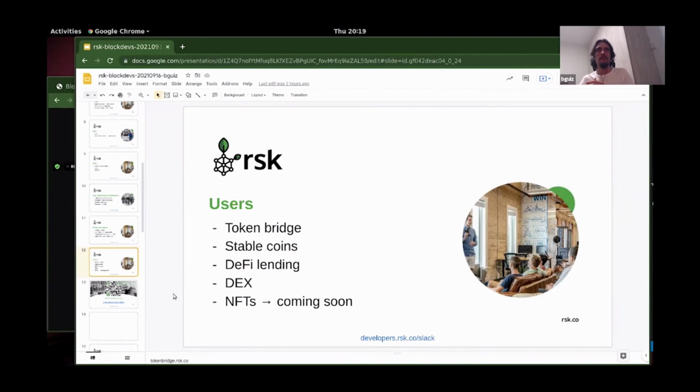MetaMask is probably the most commonly used Ethereum wallet as far as interacting with DApps, and that works on RSK just fine. We've got several others, a whole list of them. If you go to the link at the bottom, developers.rsk.co, without the /slack at the end, you'll be able to find a list of all the wallets there.